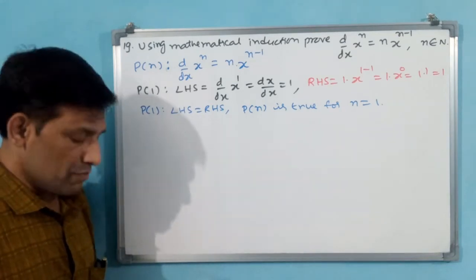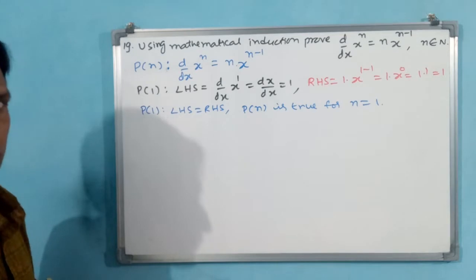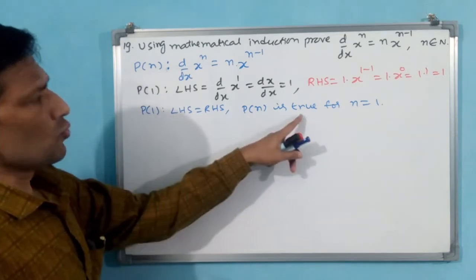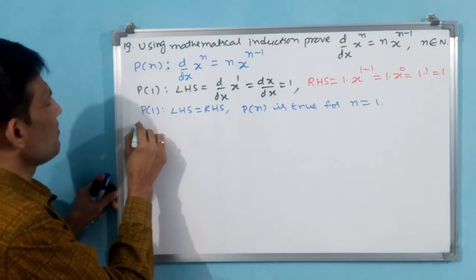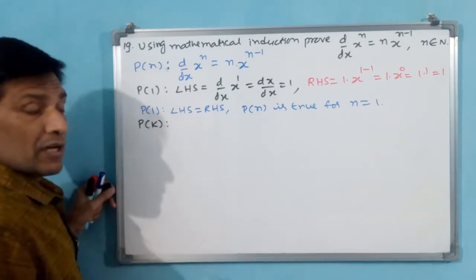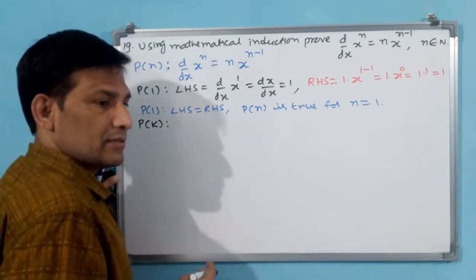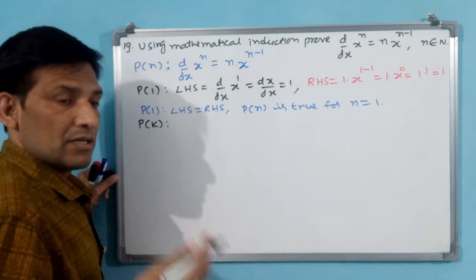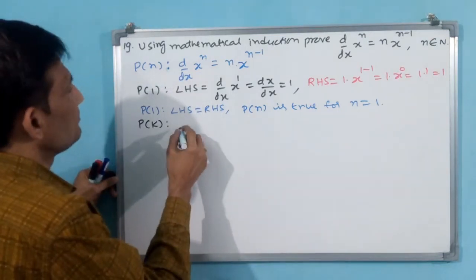Next we will go for P of k, and we will assume it as true. Okay, true we have written, assume it as true. Let us go for P of k. P of k colon, here directly you can write LHS RHS, but we have to take it as assumed true. Okay, see how I am writing P of k.